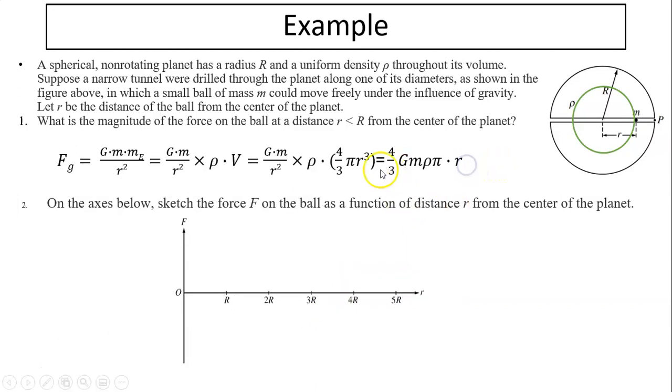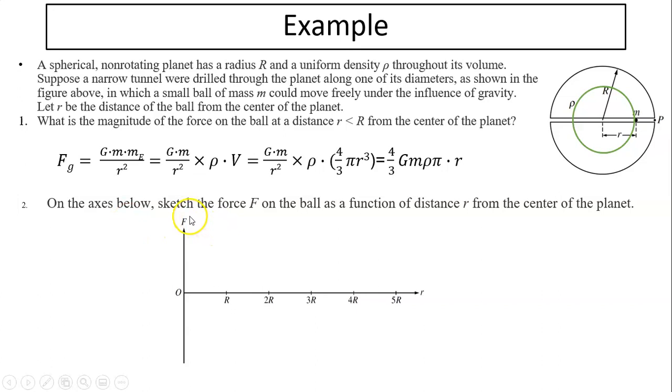So from the universal gravitation law, G m Me over r squared, we know Me is the density, because it's uniform, times the volume, and volume is 4/3 pi r cubed. So you can see r squared and r cubed cancel, so you have just r left, and this is the expression for Fg, directly proportional to r.